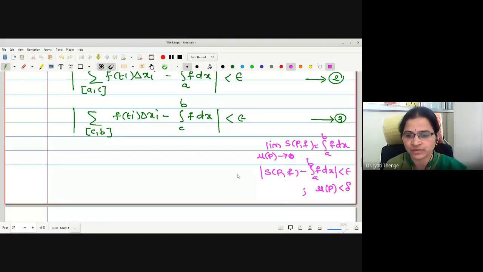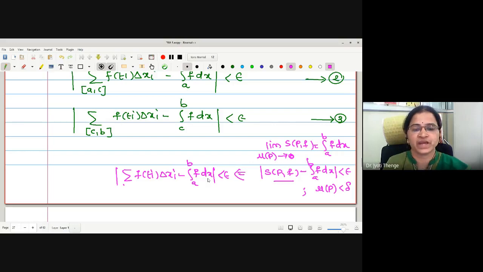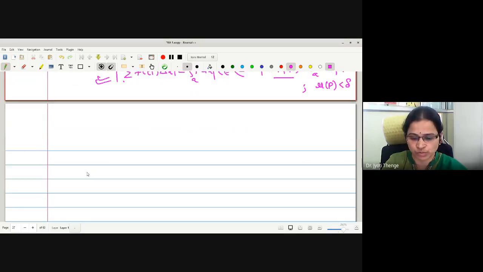Here I have simply replaced this sum by the actual summation value, |summation f of ti into delta xi minus integration a to b f dx| less than epsilon. Correct? Now this step I have used as a definition. I think there is no issue about this.